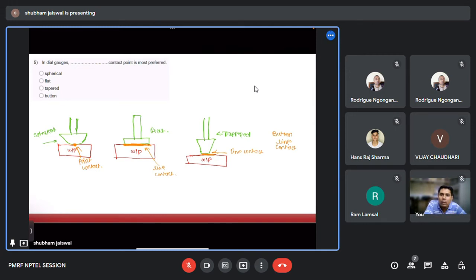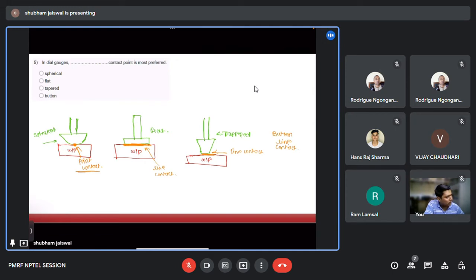So we should use such a contact point which gives the minimum contact. Like here we can use point contact. As it is having the minimum contact, the wear and tear will be less. Also, with line contact, it can sometimes be not proper and we might get an error in our readings.